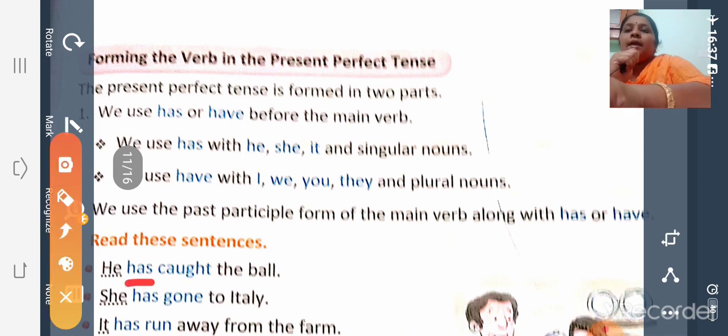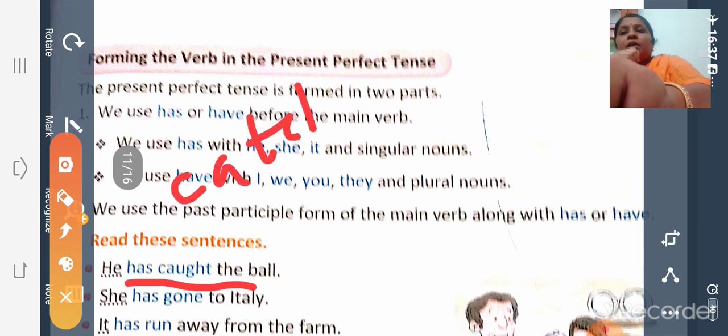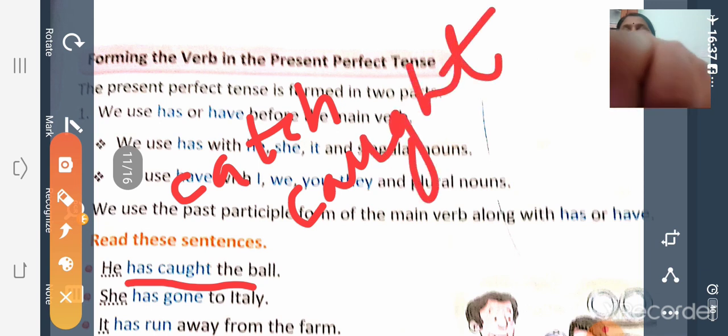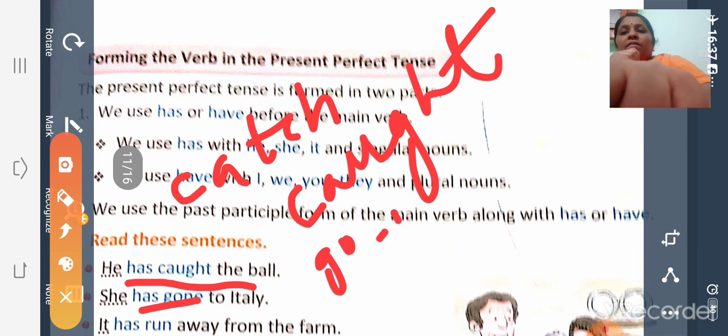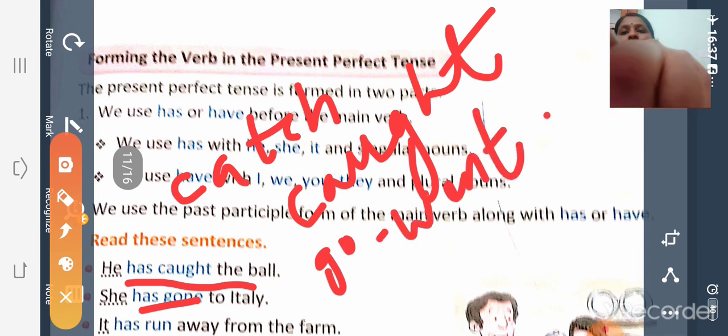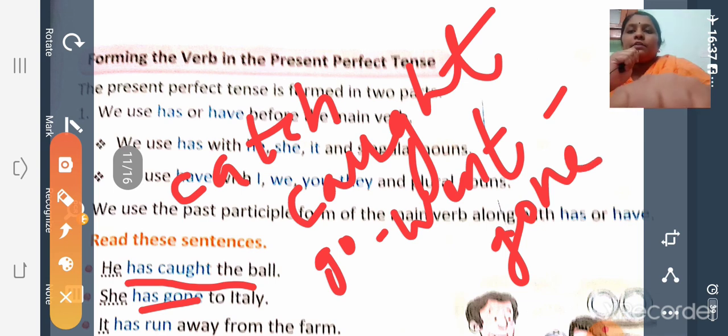He has caught the ball. Has caught. Catch, caught, caught. CAT ൻ്റെ V3 ഫോമാണ് caught. CAUGHT, caught. Then she has gone. Go, went, gone, third form. ഇതൊക്കെ ഞാൻ എഴുതി പഠിപ്പിച്ചതാണ് കഴിഞ്ഞ വർഷം. ഓർമ്മയുണ്ടോയെന്നറിയത്തില്ല.